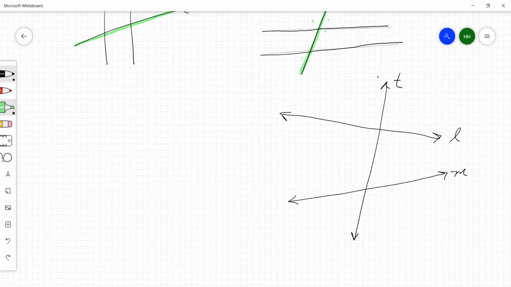Put your pencil right here. We're going to go angle 1, 2, 3, and 4. And then we got angle 5, 6, 7, and 8. We talked earlier in the year that this was the interior area, and this was the exterior.